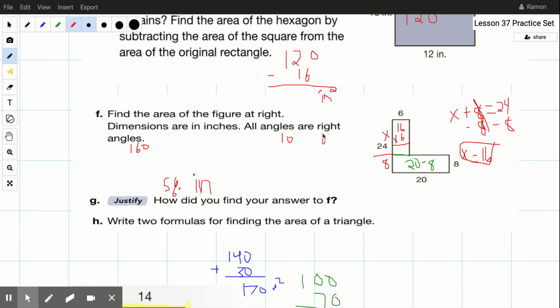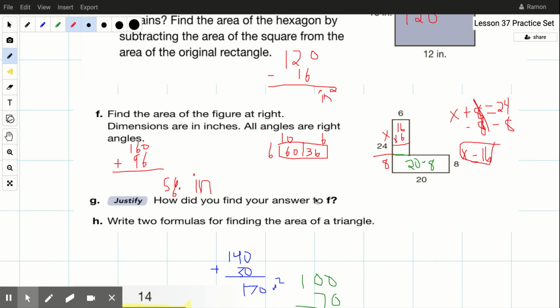I split up 16 into 10 and 6. Multiply that by 6. So 10 times 6 is 60. 6 times 6 is 36. And then I add those up, giving us 96. And now you can find the sum of both rectangles here.